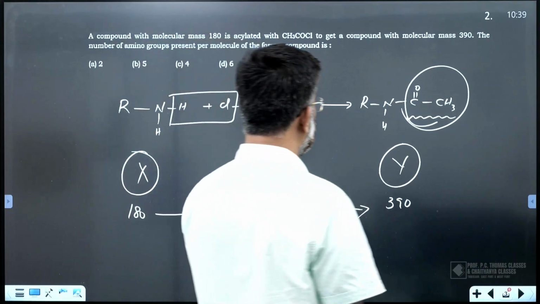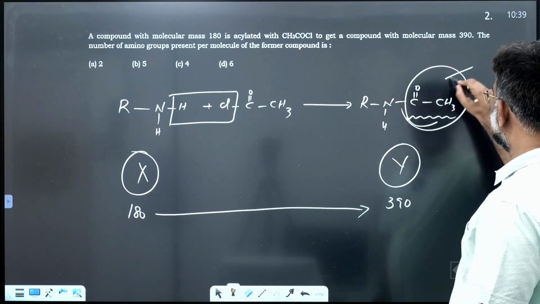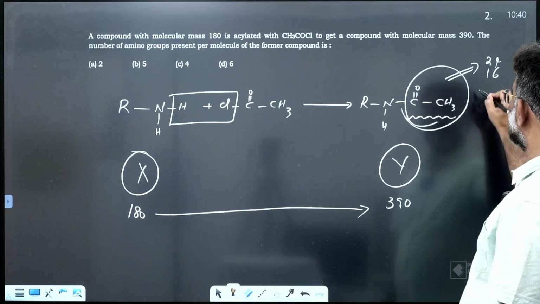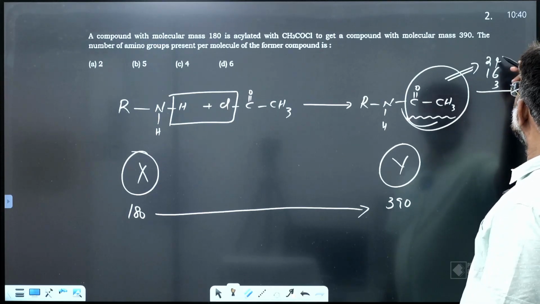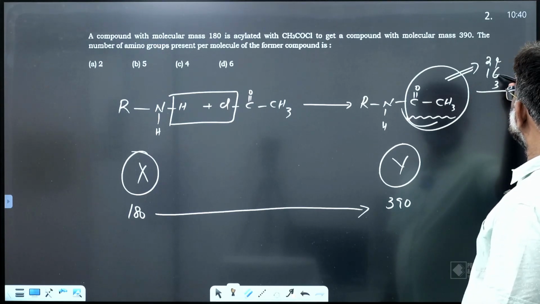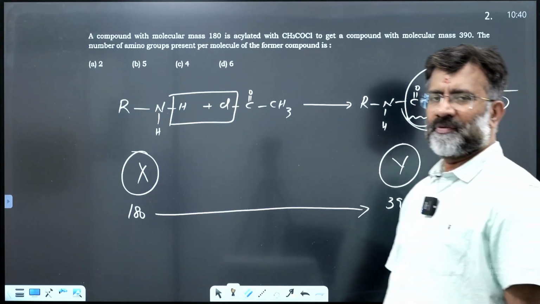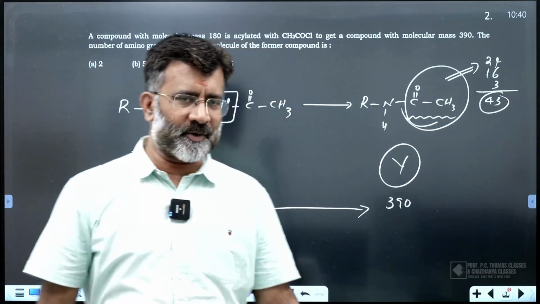What is the mass of the acyl group? 2 carbon, 24, 1 oxygen 16, and 3 hydrogen, so 43 is the mass of the acyl group.